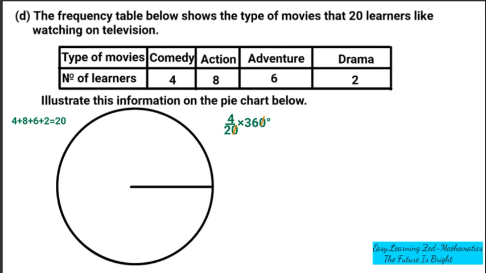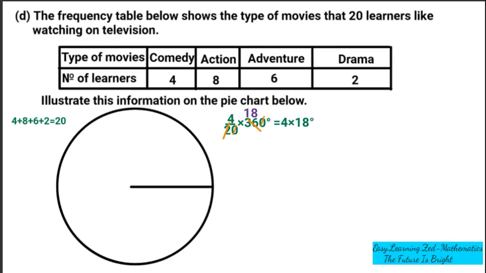Then I'm going to multiply 4 by 18. That's what is remaining in that expression. Now when you look at 18, this is the same number we would get if we continue doing this. So we know that when we divide 360 degrees by 20, it gives us 18. So it's even easier to multiply every number by 18.